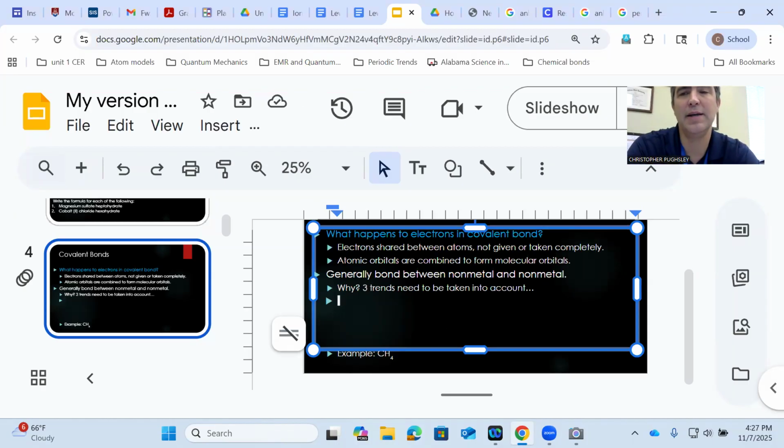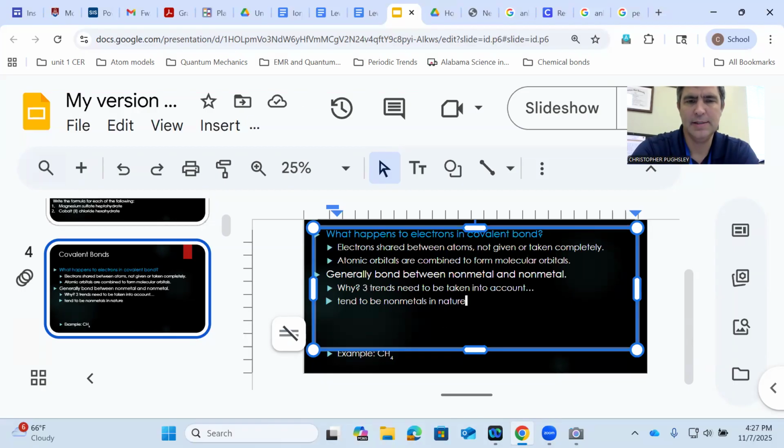They tend to be nonmetals in nature. Those that do covalent bonds are typically nonmetals.